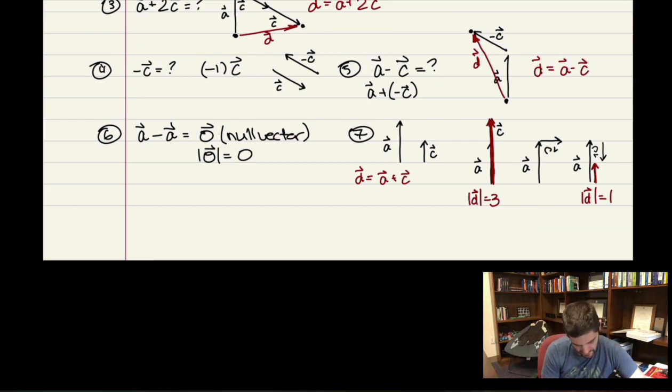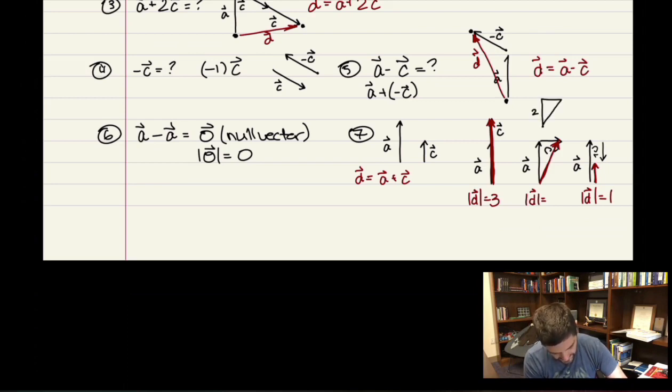Versus some intermediate where C is at an angle relative to A. In that case, D goes straight up 2, but then also moves over to the right 1 unit, which is a different direction than A originally was moving in. And conveniently, if they're perpendicular to one another like that, you might notice that there's a nice right triangle there.